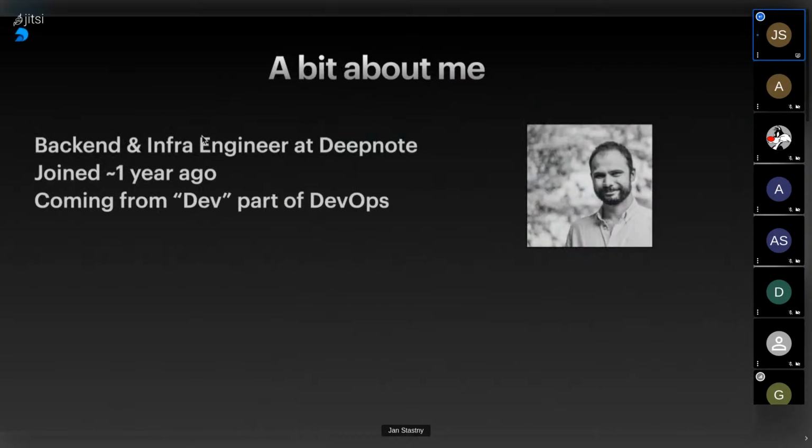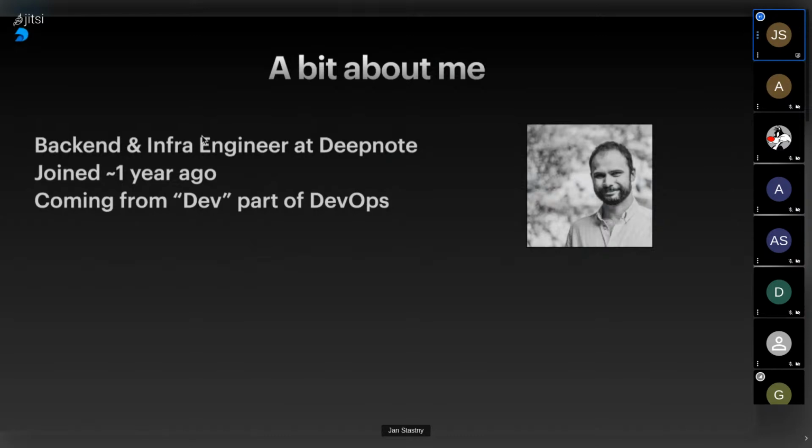A bit more boring part is the part about me. I joined DeepNode about a year ago. I mostly work as a backend or infrastructure engineer, you could say, but we are a small startup at the time, although growing quite rapidly, so all of us do everything needed.